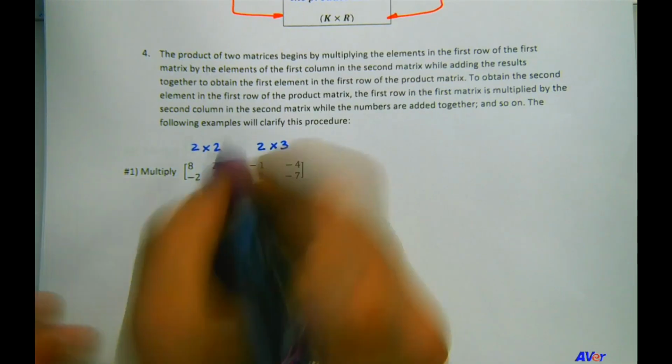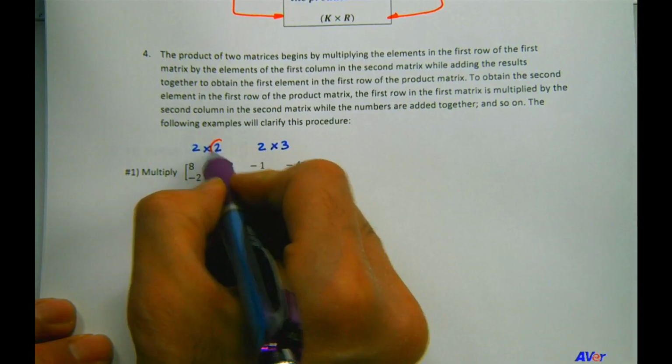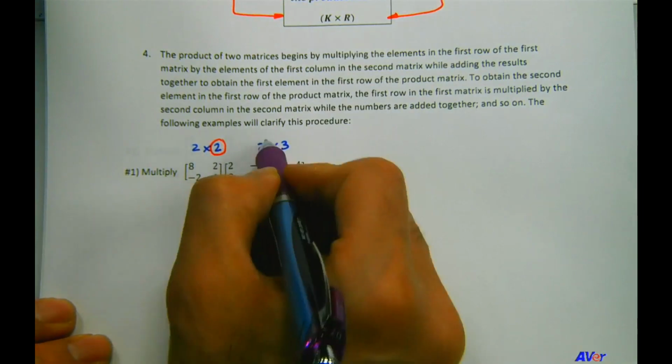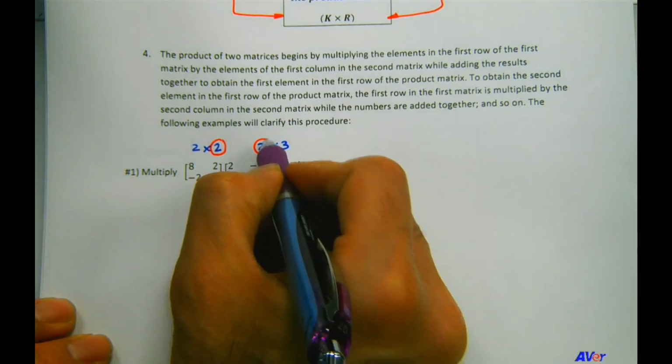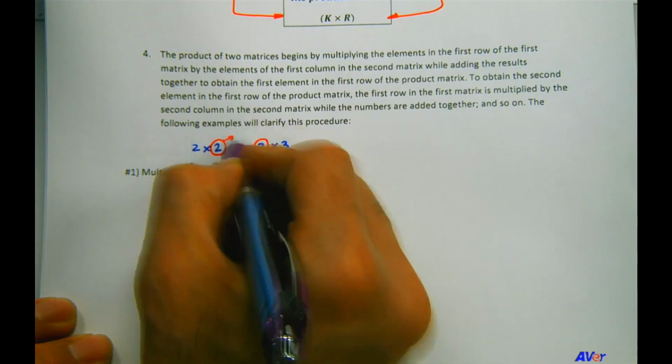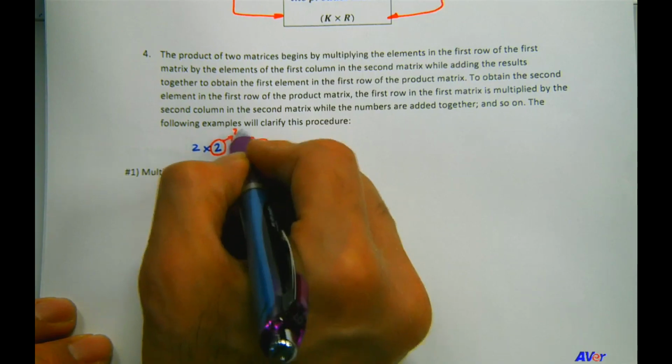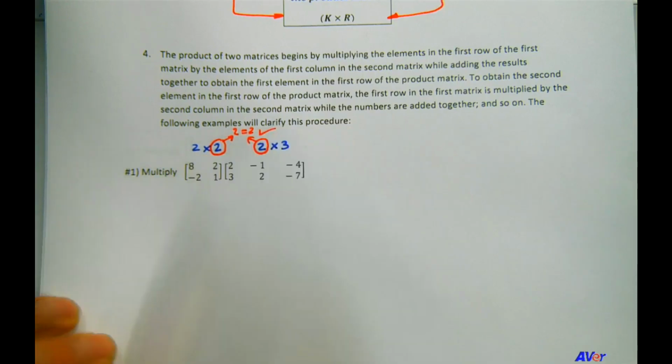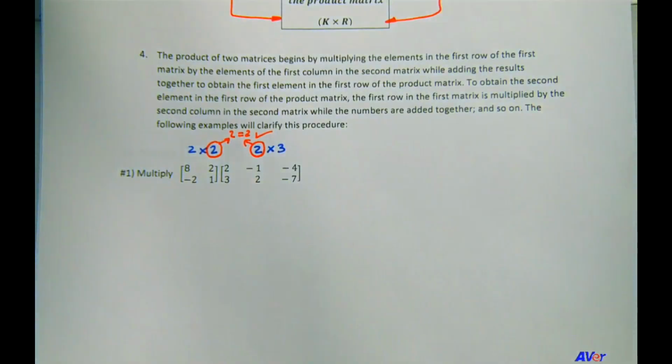So take a look at the number of columns in the first matrix and compare it with the number of rows in the second matrix. So we have 2 equals 2, so the matrix multiplication can in fact happen.